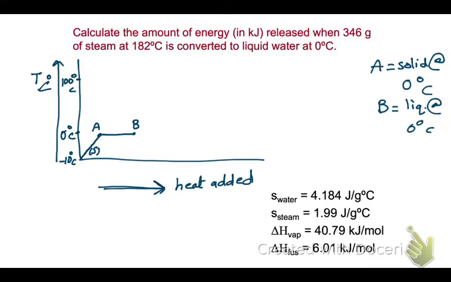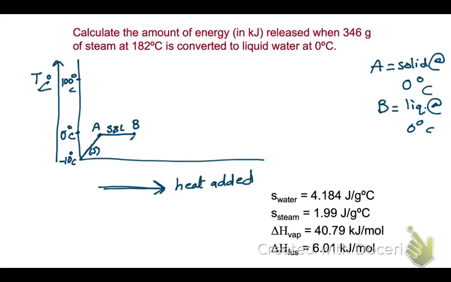So the same temperature, but in that horizontal line, I'm gonna have solid and liquid, because this is all solid at 0 at A, this is all liquid at 0, and in between I have solid and liquid at 0.